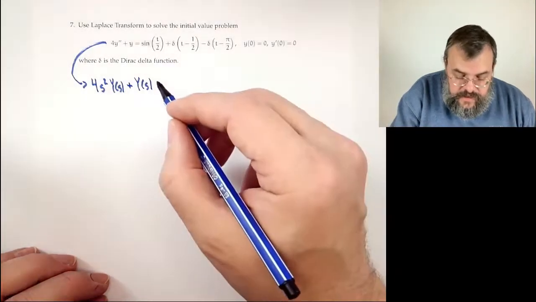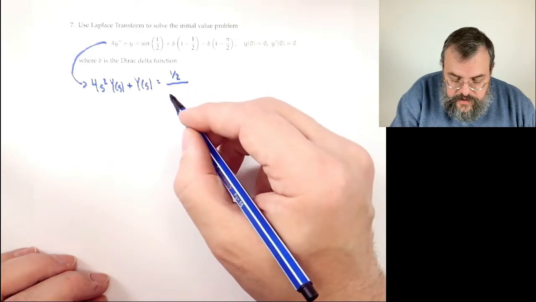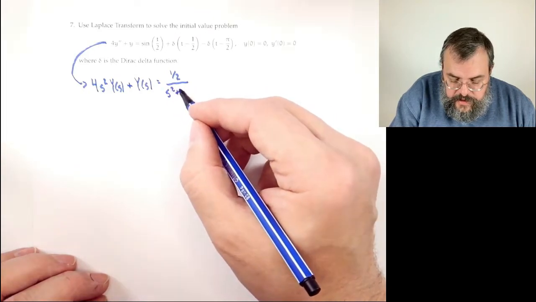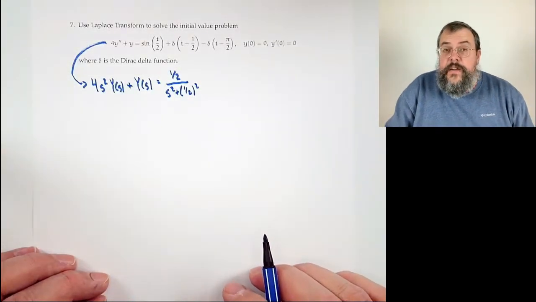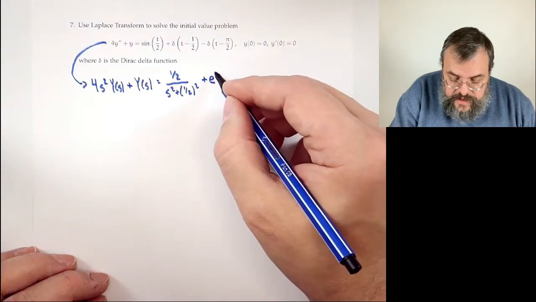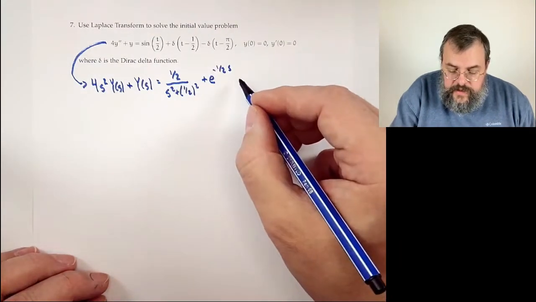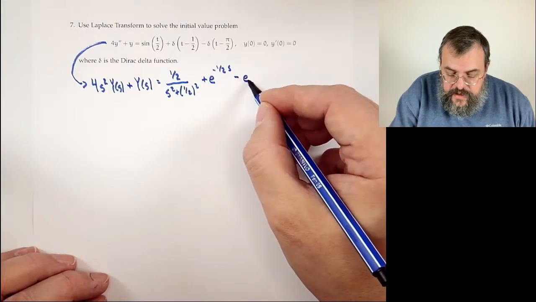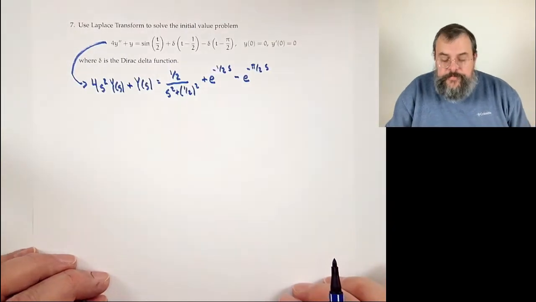Sine of a half t would be 1/2 over s squared plus (1/2) squared. Delta of t minus a half, well, that's e to the minus 1/2 s. And delta of t minus pi halves is e to the minus pi halves s.